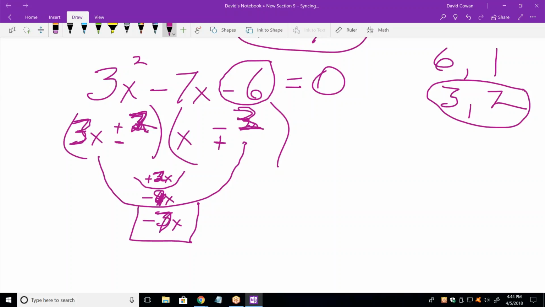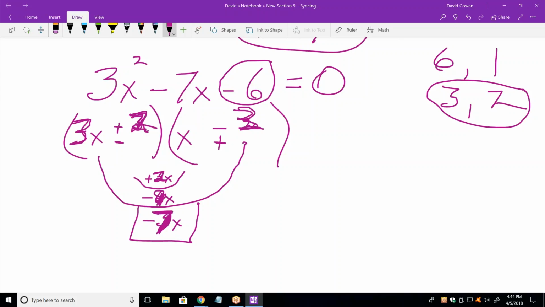Bingo, minus 7x. Had that turned out to be plus 7x, then I would have dropped the 2 down to the minus sign, the 3 down to the plus sign, and I would have had the answer. But even though this is a relatively hard problem, I was able to do it with just 2 trials.